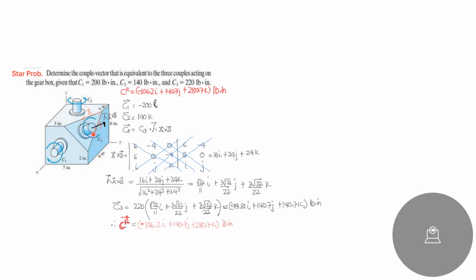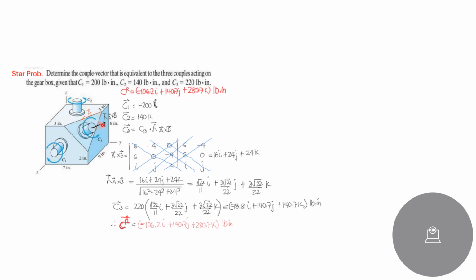Then C sub 3, to define this, we must define this vector first, which is perpendicular to the plane of the couple. This vector is obtained by crossing, I denote this as vector A with B. So A cross B to define this axis.